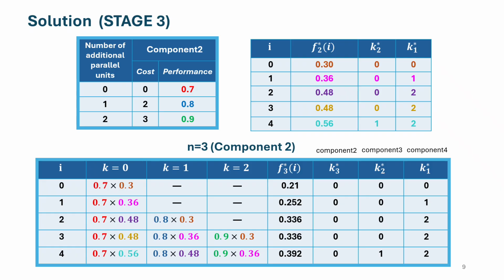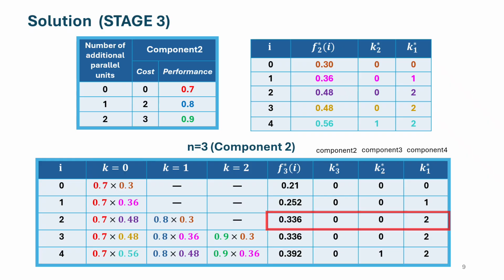For a budget of $1, selecting 0 units also yields a final performance of 0.252. The optimal decisions here are 0 units for component 2, 0 units for component 3, and 1 unit for component 4.